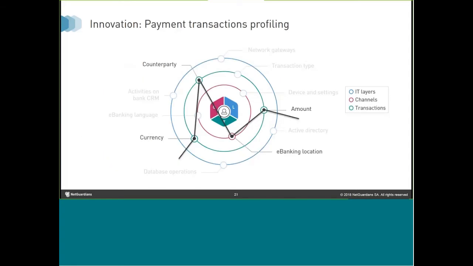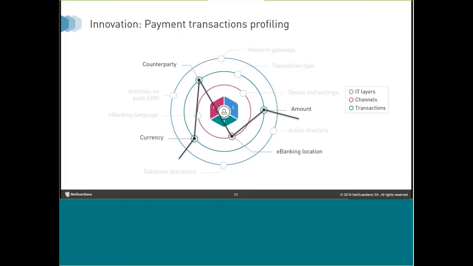And the model only picks particular attributes so that we are also understanding the past and also planning for the future. So in what you see on the screen here, you are picking an amount, a location, a counterparty, a currency. It's because you've understood that some of these transactions follow a certain method.